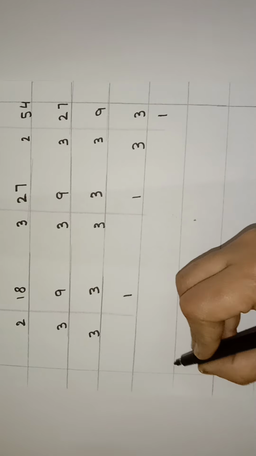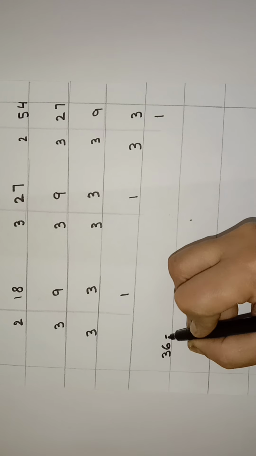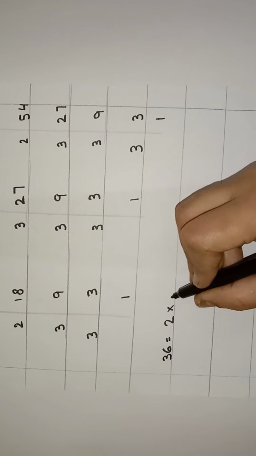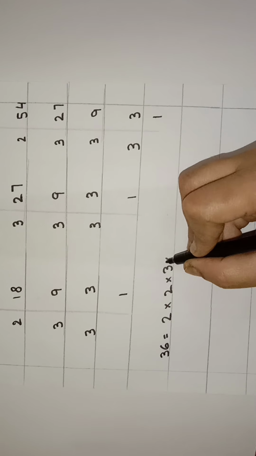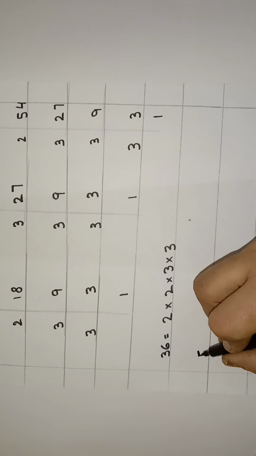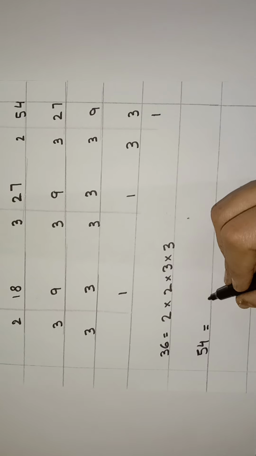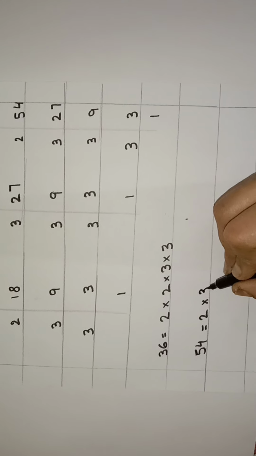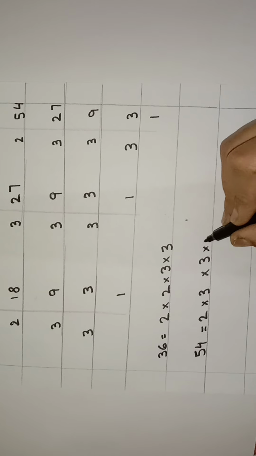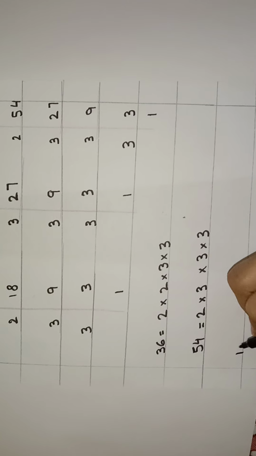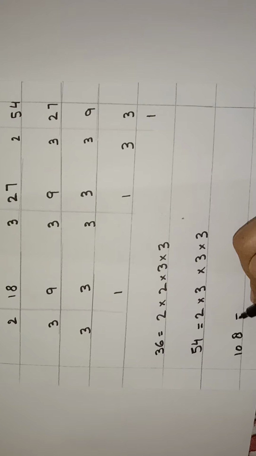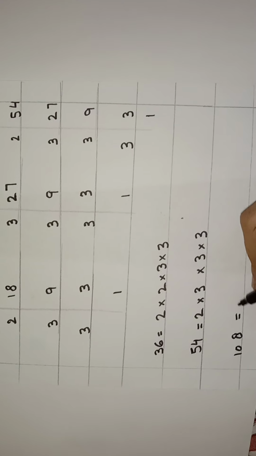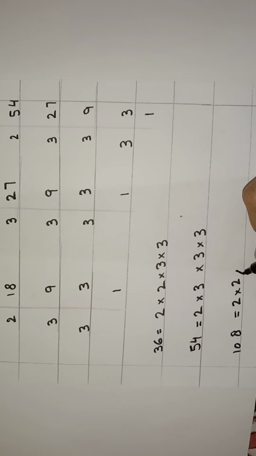Now we will find the HCF. First of all, 36 is equal to 2 into 2 into 3 into 3. 54 is equal to 2 into 3 into 3 into 3. 108 is equal to 2 into 2 into 3 into 3 into 3.